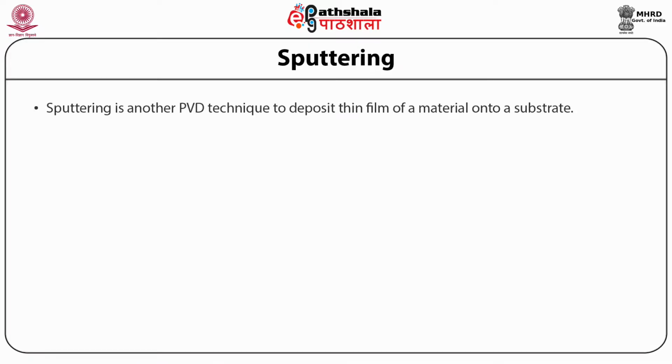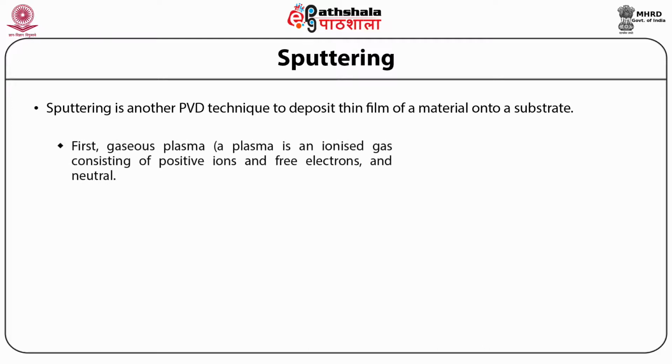Sputtering. Sputtering is another PVD technique to deposit thin film of a material onto a substrate. It can be divided into 3 stages. Firstly, the gaseous plasma. A plasma is an ionized gas consisting of positive ions, free electrons and neutrals.